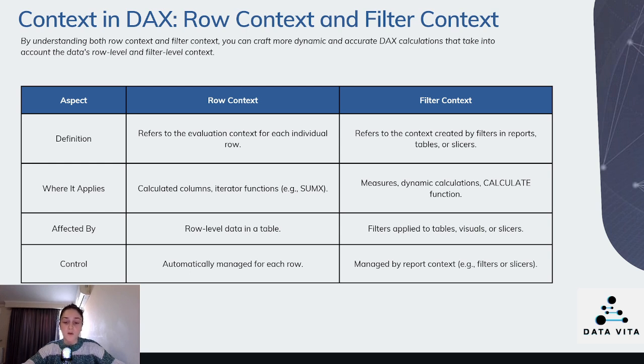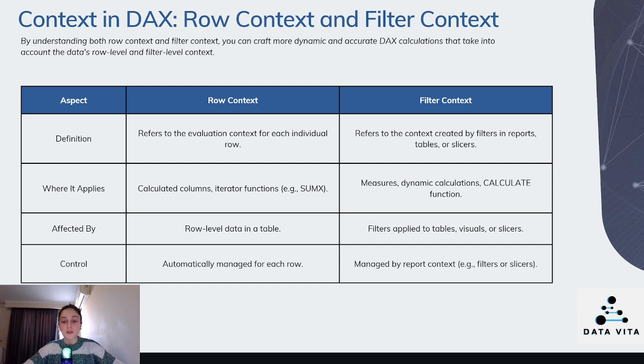Filter context, however, is influenced by the filters that are applied to the report, tables, visuals, or slicers. Row context is automatically managed by DAX for each row during calculation, and filter context, however, is controlled by the report context, which means that filters and slicers you apply in your report dynamically adjust how the data is evaluated.